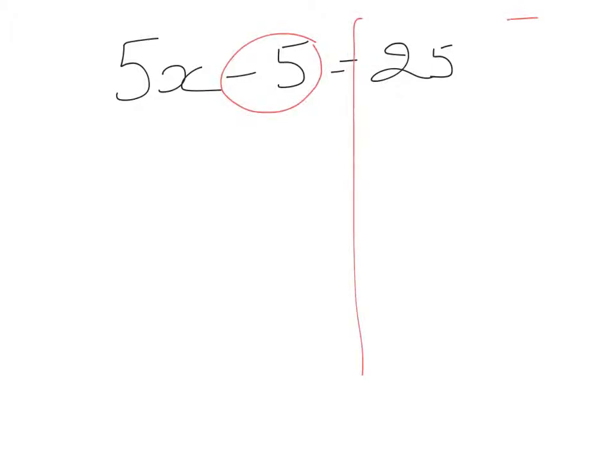So I know that the opposite of a minus is a plus. So I'm going to plus 5 here, which means I'm going to do the same to this side. I'm now left with 5x equals 25 plus 5. 25 plus 5, excuse me, I'm not used to writing on my pad, is 30.